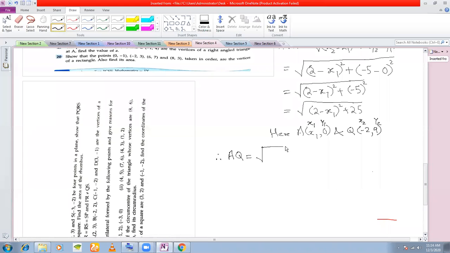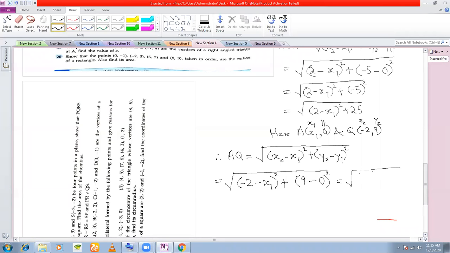It is root over of x2 minus x1 whole square plus y2 minus y1 whole square, equal to root over of x2 minus x1, x2 here is minus 2, x1 is x1, we want to find out, plus y2 minus y1, y2 here is 9 and y1 here is 0. So this is root over of minus 2 minus x1 square plus 9 square is 81. We have calculated distance AQ.